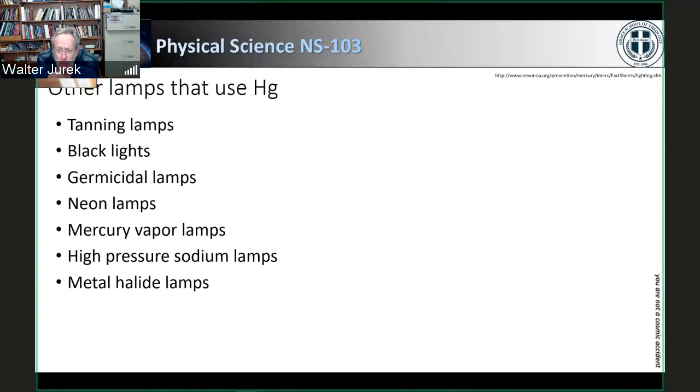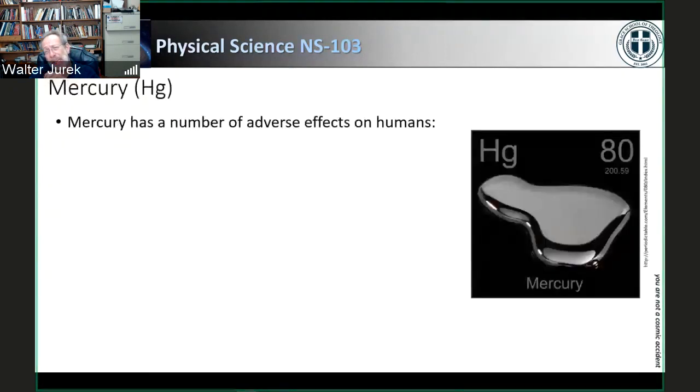And you may be thinking, okay, Professor Jurek, why are you rambling on about mercury? Well, guess what? Mercury actually has a number of bad effects on us humans. It can disrupt the nervous system.